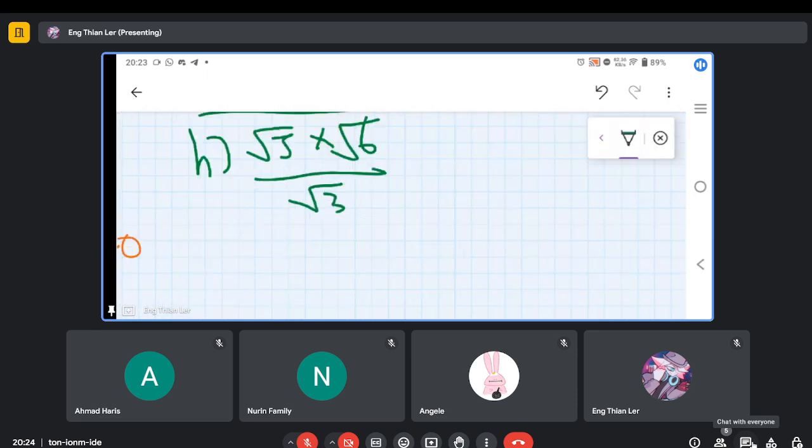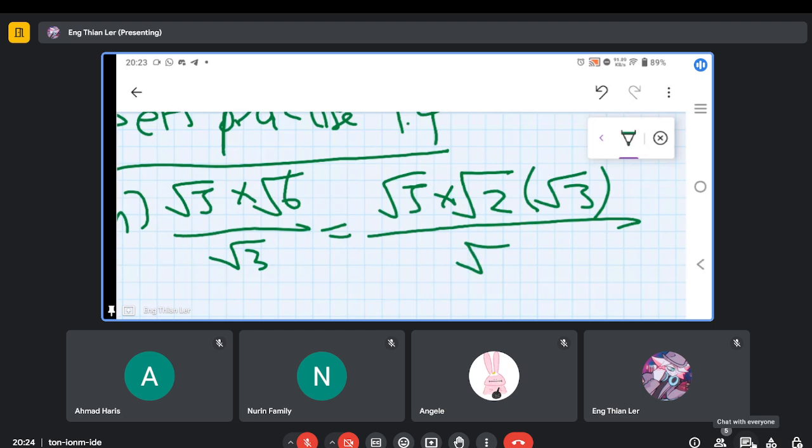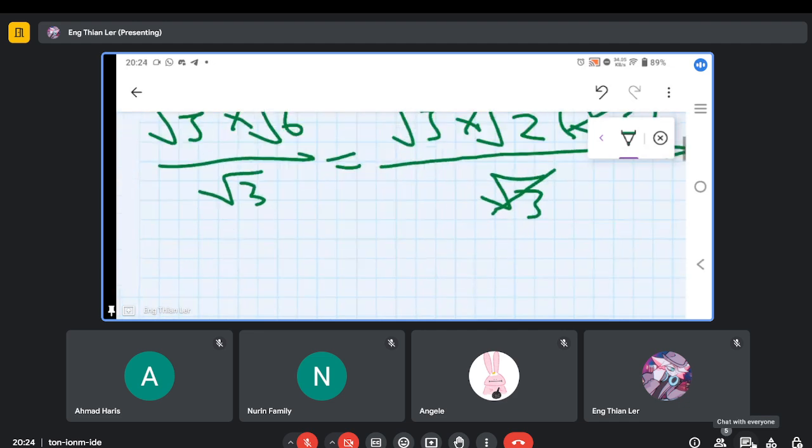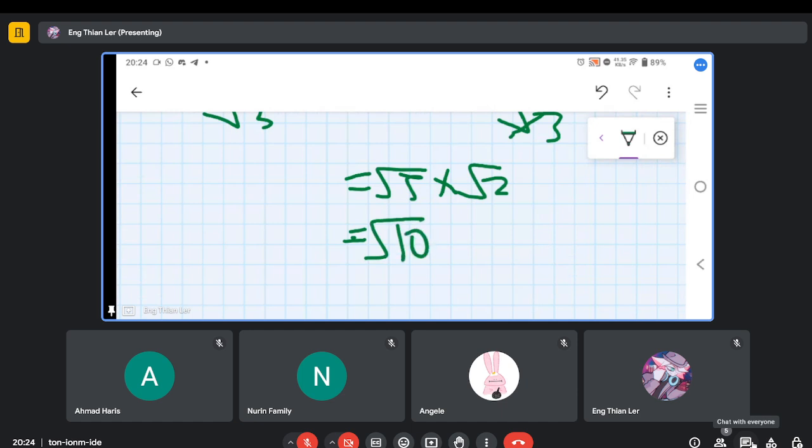So this can be written as root 5 multiplied by root 2 multiplied by root 3 over root 3. And look at this, this and that cancel. So what we get is only root 5 multiplied by root 2, which is root 10. And that's the answer.